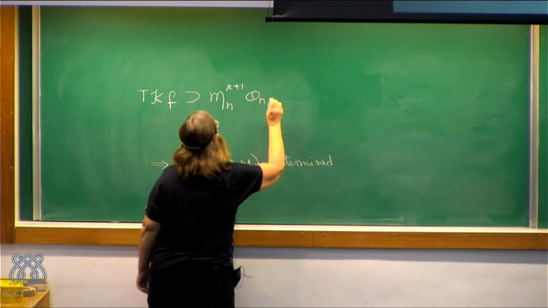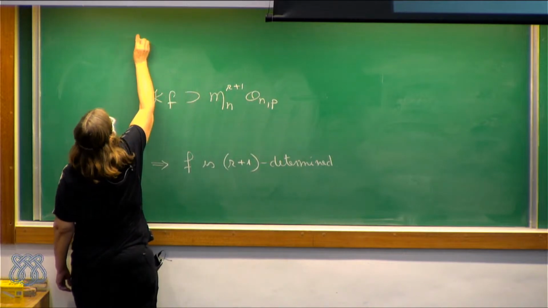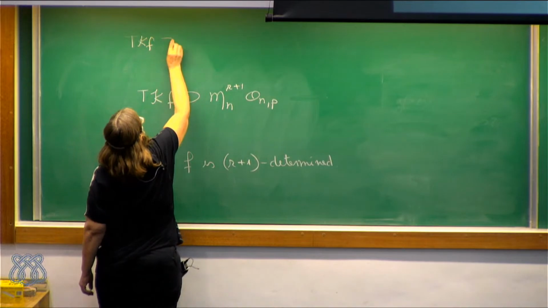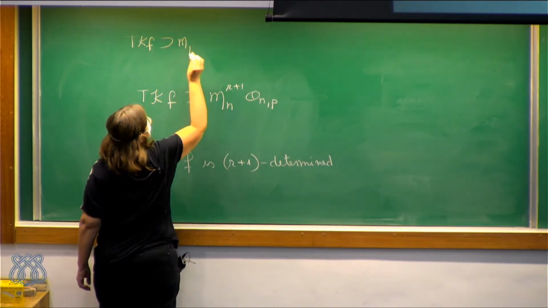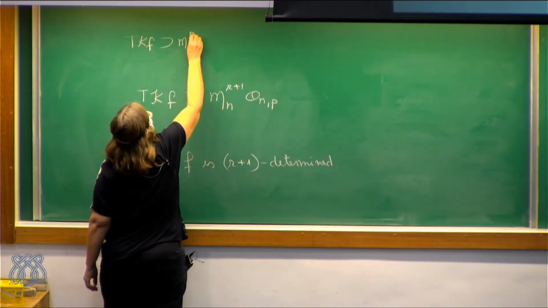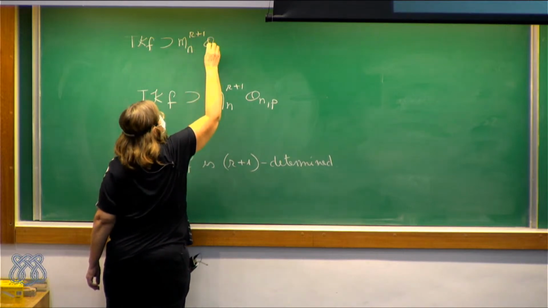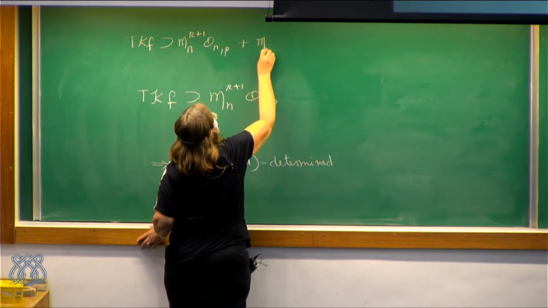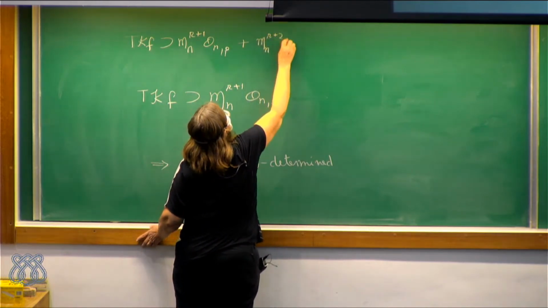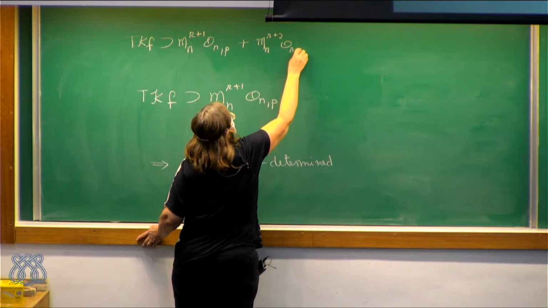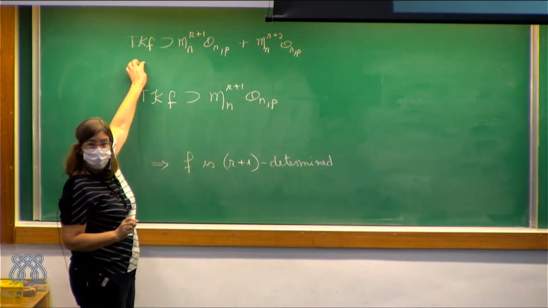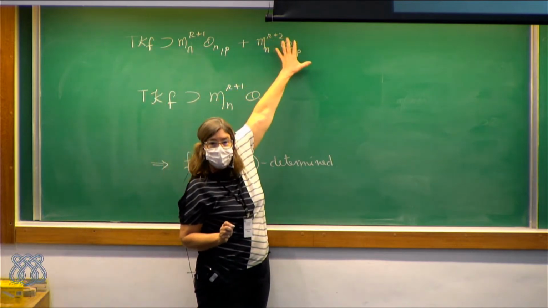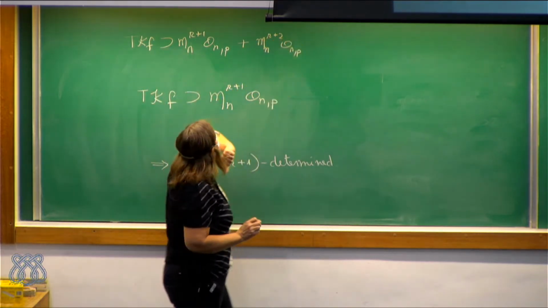But then we could use Nakayama's lemma, and write this like that, plus Mn R plus 2 ONP. Suppose this is true. It's easier when you have this during the calculation.